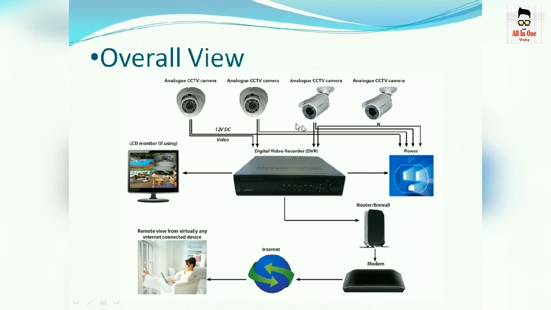Every camera has the same thing, so remember these things. And if you want to see it on an LCD monitor, you can, as I explained, with the use of VGA and BNC. And this is the power supply unit, which is given to this DVR as well as to the cameras.